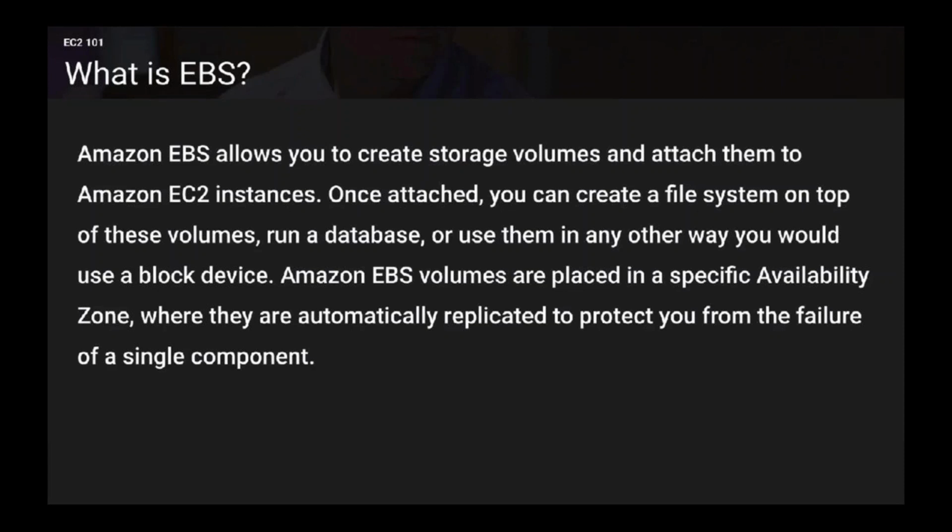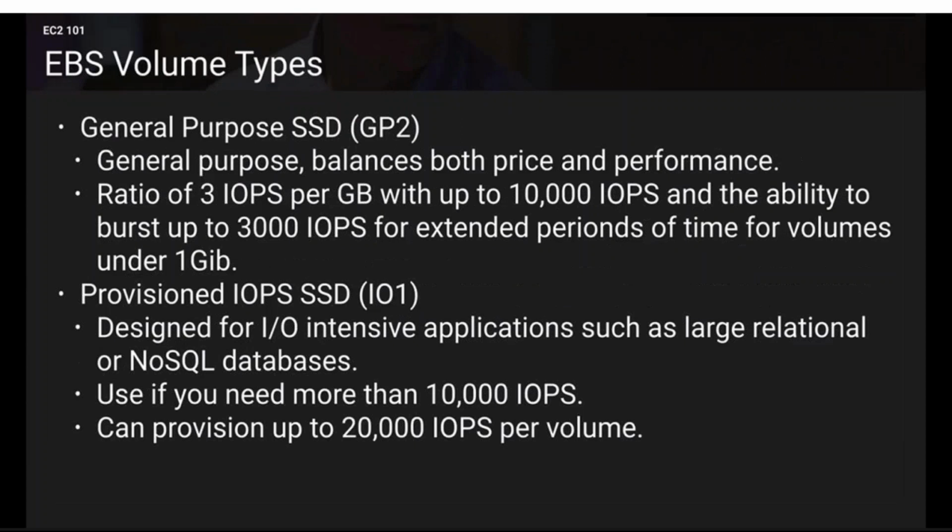In case of EBS, we place the data in a specific availability zone. So if that availability zone goes down, then my data is not available for that period of time. So EBS is availability zone specific, but S3 is region specific.